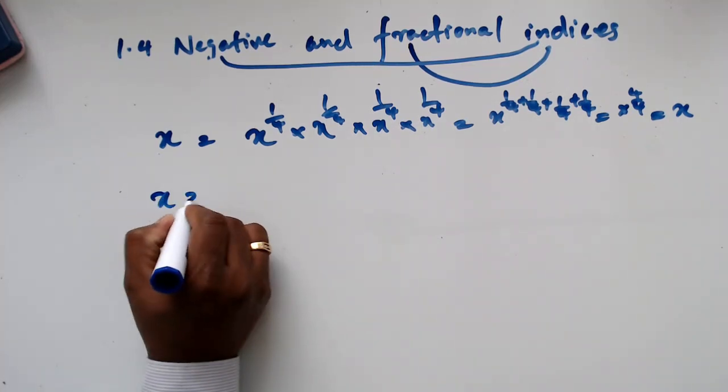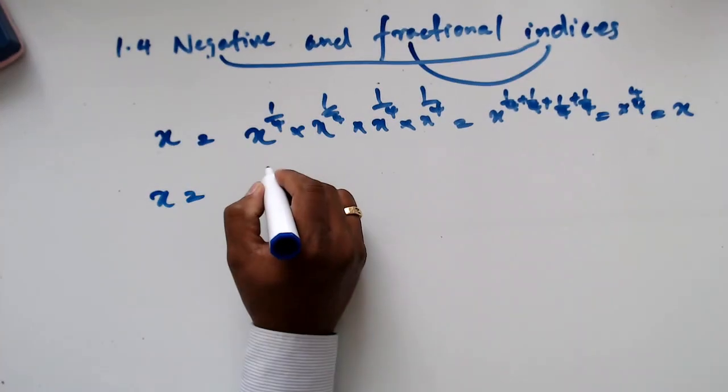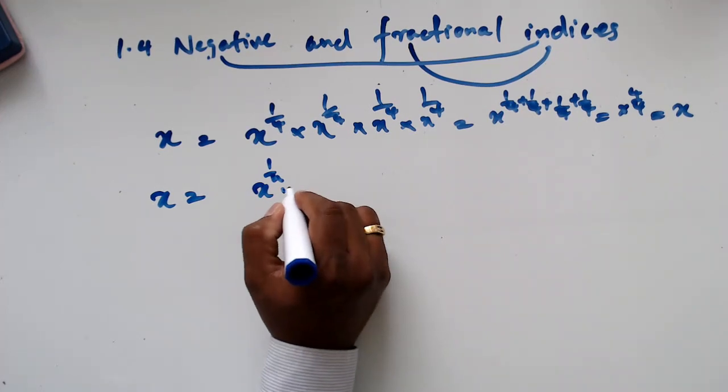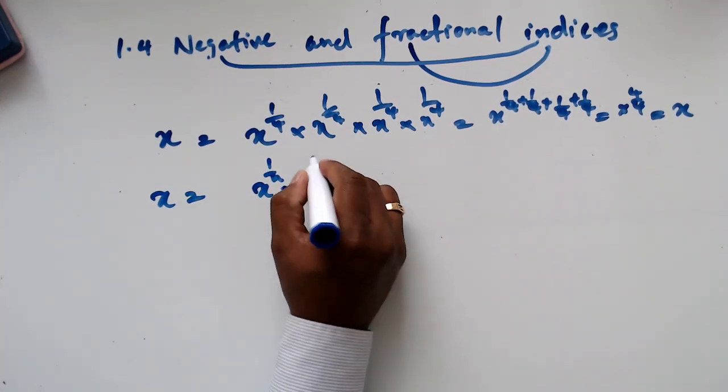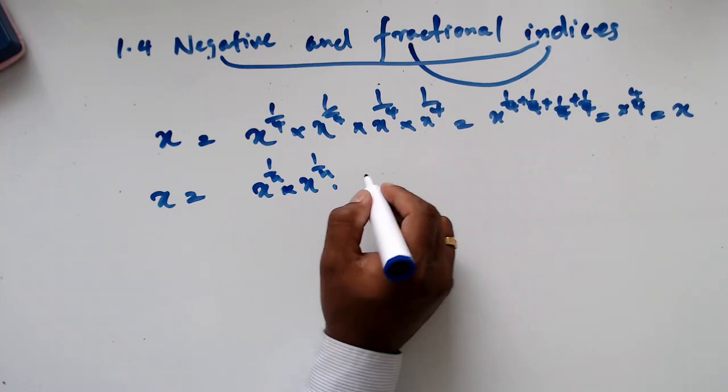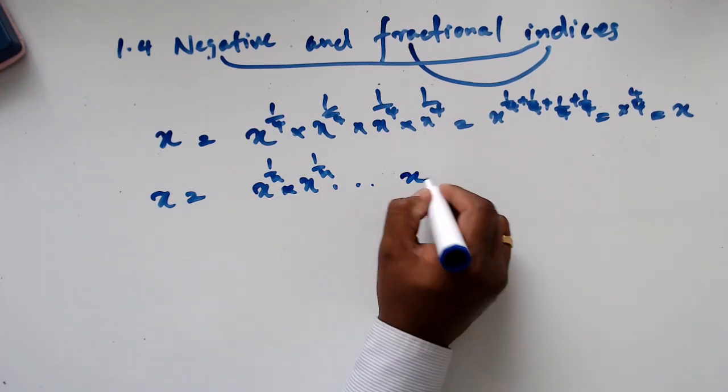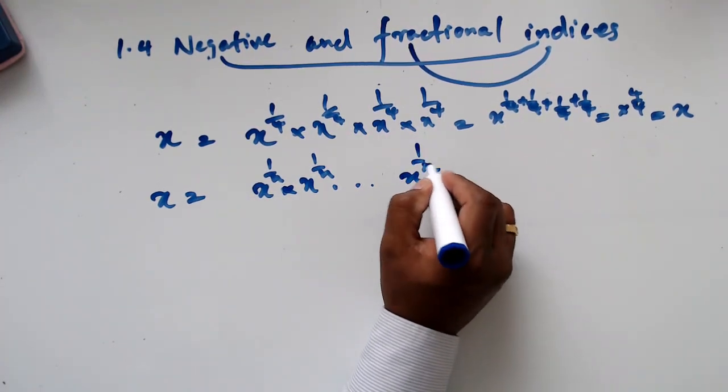Likewise, I can write x in terms of n as x^(1/n) times x^(1/n) and so on, up to x^(1/n).